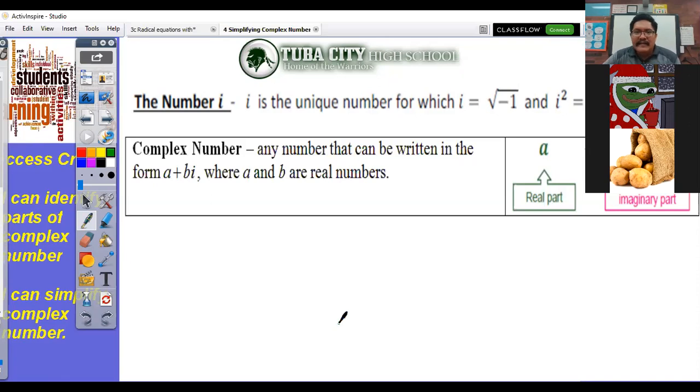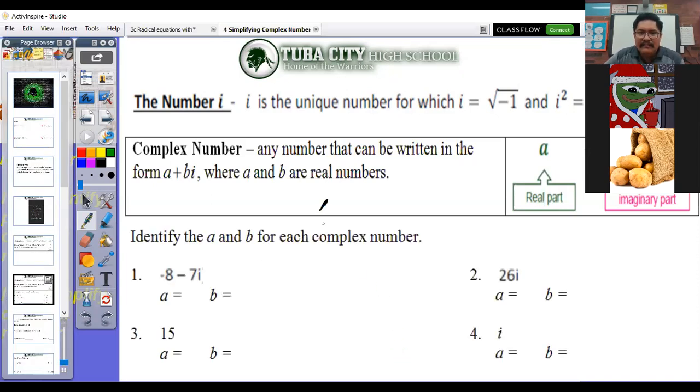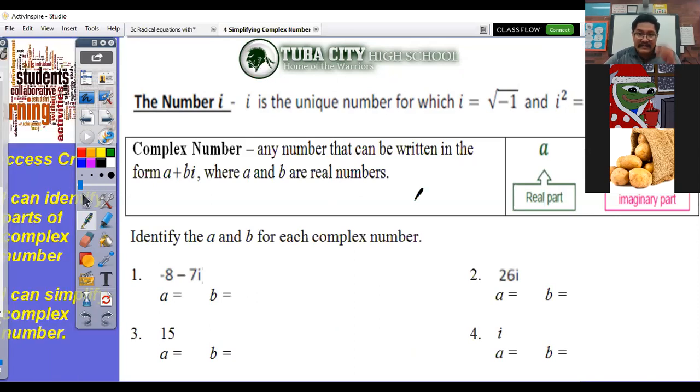The other thing that's important is remember every number has a real part and an imaginary part. It'll make much more sense once we start using the principles. This will come in handy a little bit later, not immediately.